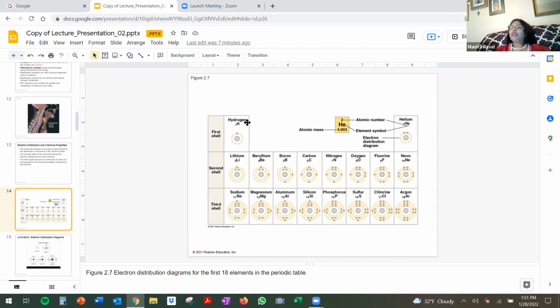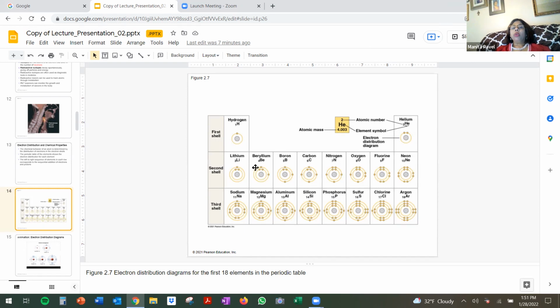So we've seen hydrogen. It has only 1 electron, therefore 1 orbital. Electronic configuration is 1. Lithium now has 3, so the first orbital would have 2, and 3 minus 2 is 1. That's the electronic configuration that determines the total number of orbitals and the electrons it contains.